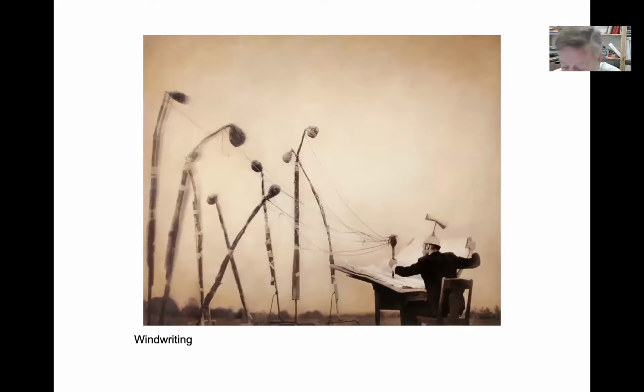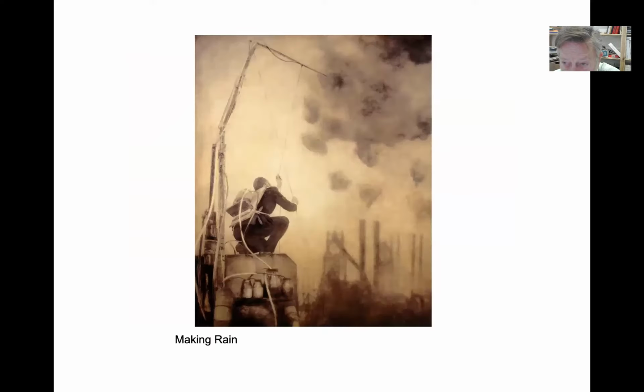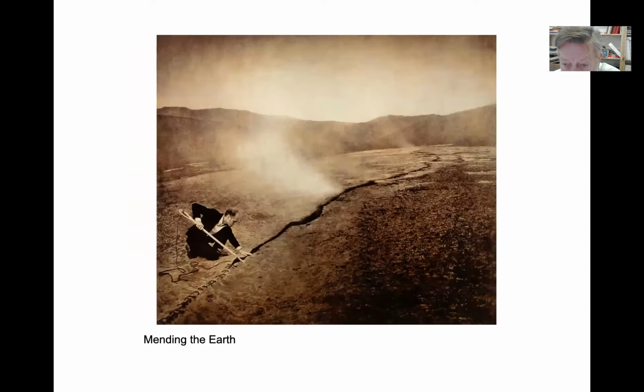His stuff sells for a lot of money today. This is actually a real place with steam vents in Northern California. I'll give this my biggest compliment. I wish I had thought of this photograph.